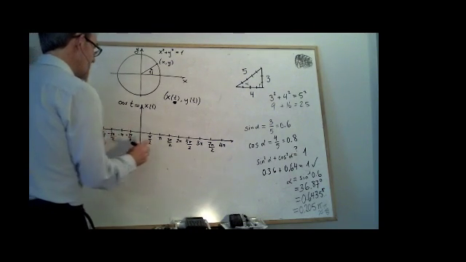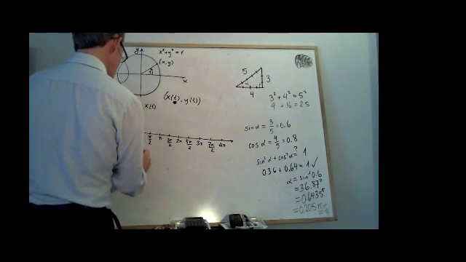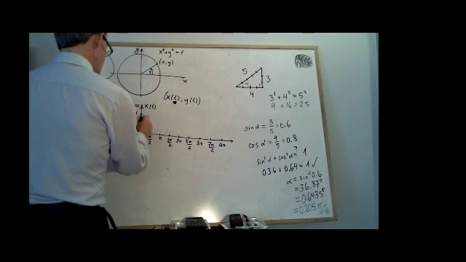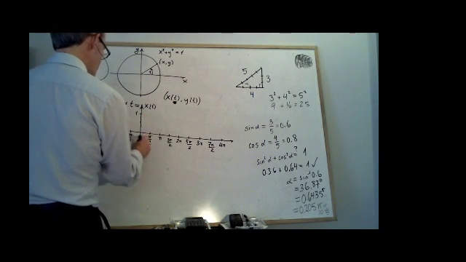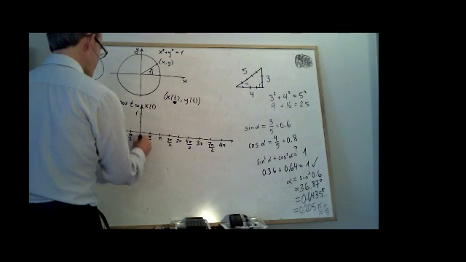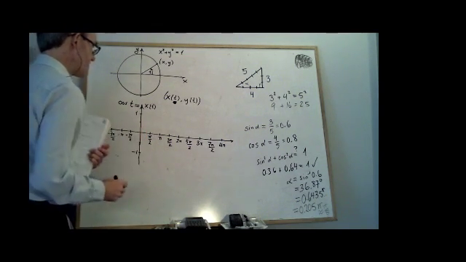Okay, so first, we have 1 here and minus 1 here. And then you might consider the point halfway between, so plus a half and minus a half from the origin.